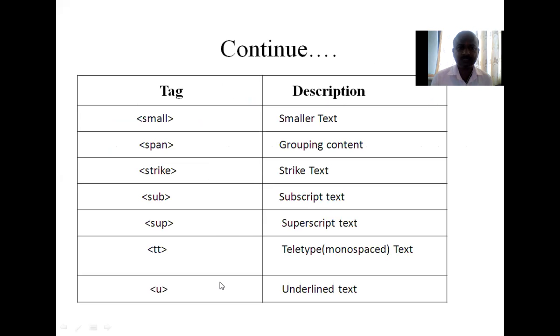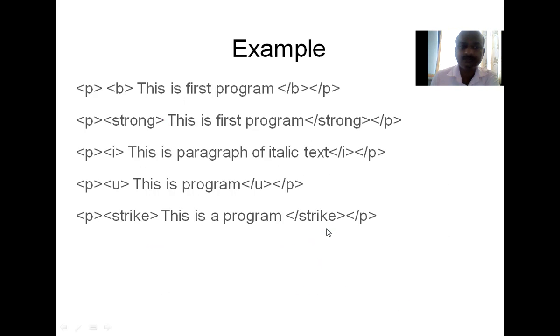See, these are the different tags and their descriptions. Small tag for smaller text, span for grouping content, strike for strike text, sub for subscript text, sup for superscript text, TT for teletype text, U for underline text. This is the example of these tags.